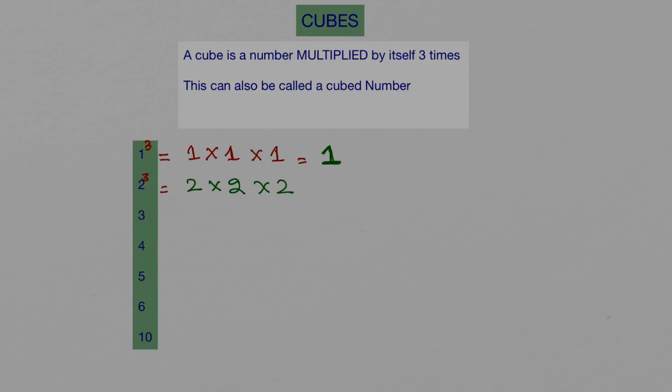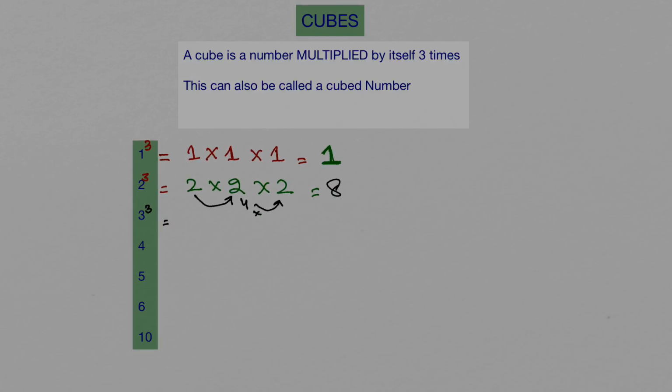As the cube, we multiply 2 by itself 3 times. 2 times 2 is 4, and 4 times 2 is 8. It would be our answer.